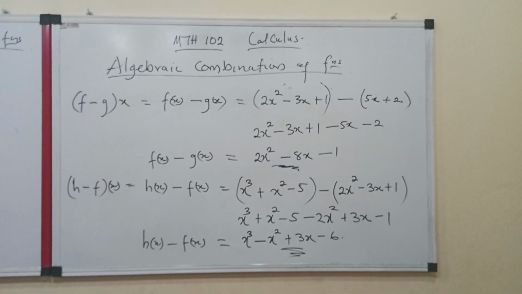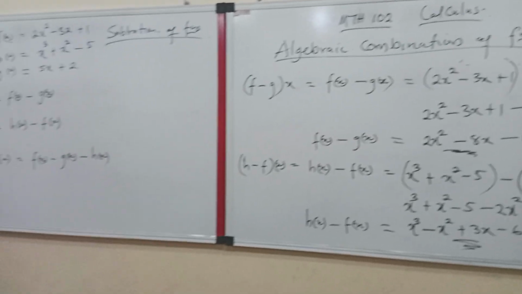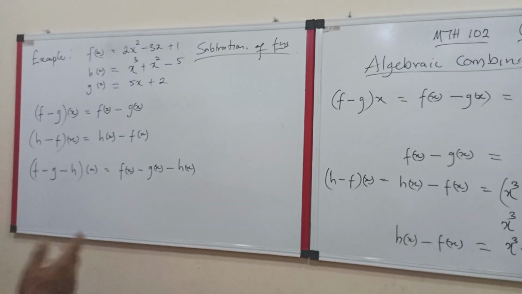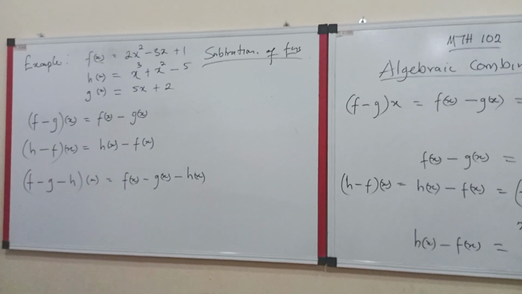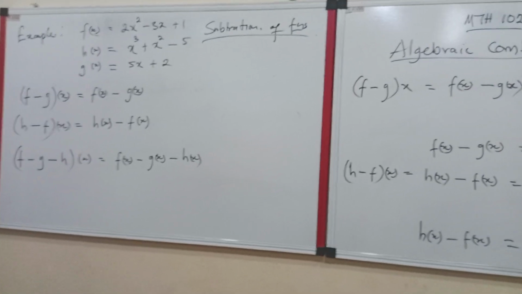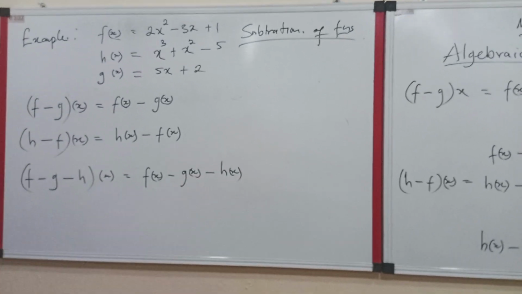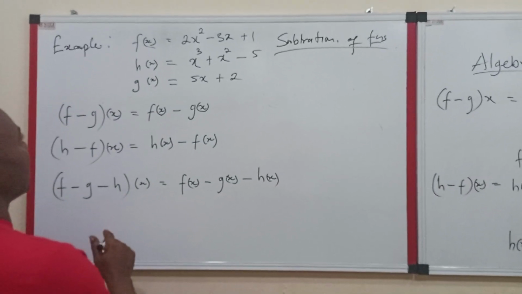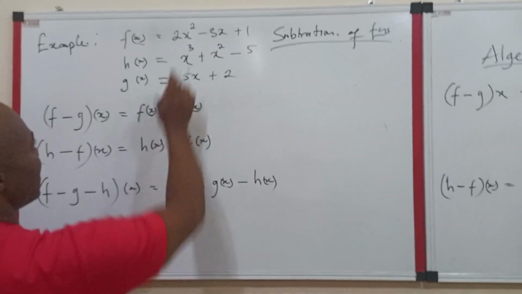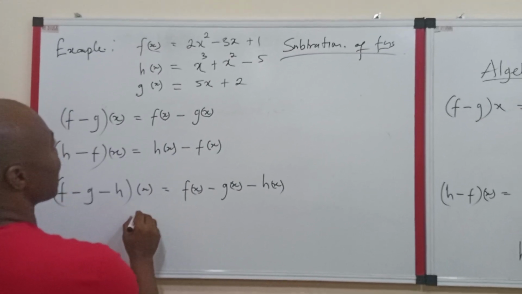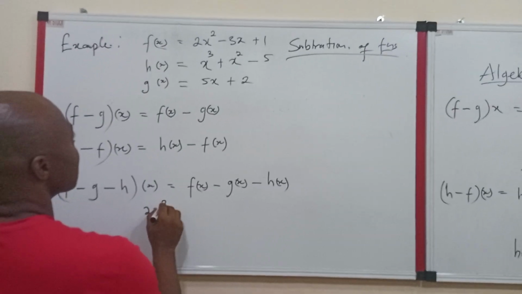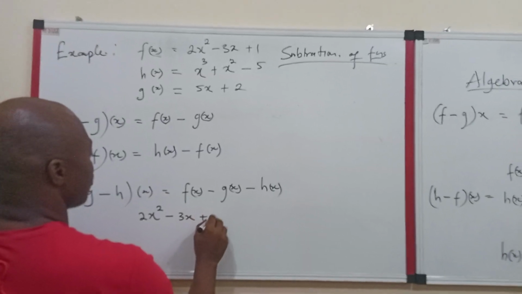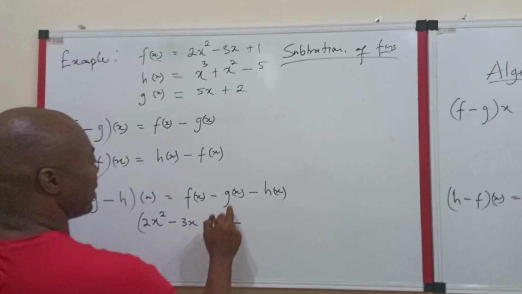Now, lastly, we can consider this other one where we're dealing with more than two functions. In doing this, this is also pretty straightforward. If we are interested in this, then we are saying that f of x is 2x squared minus 3x plus 1, for the f of x minus g of x.